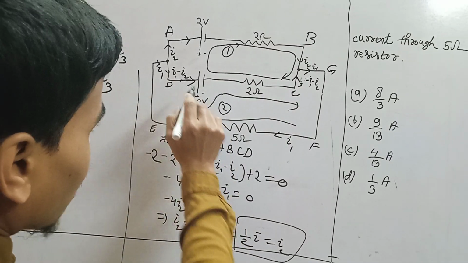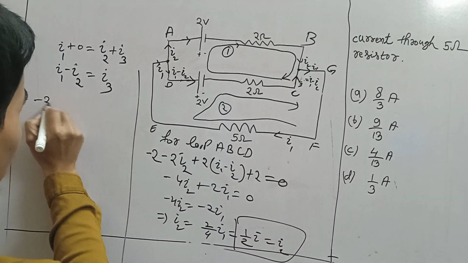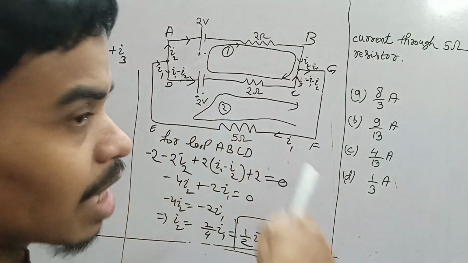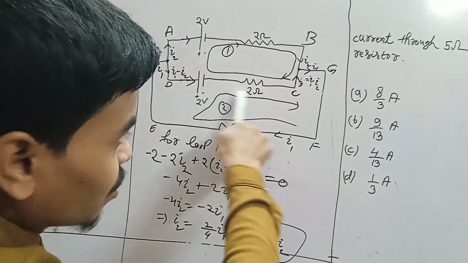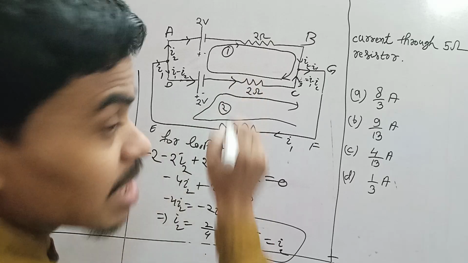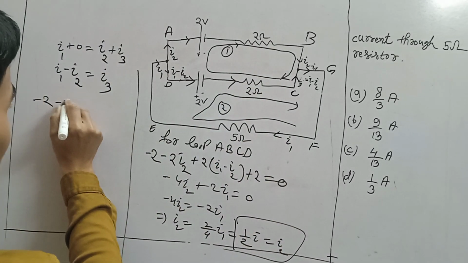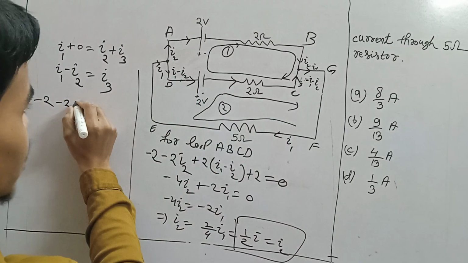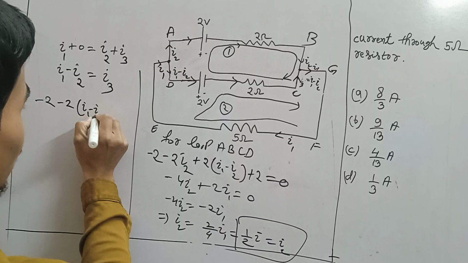For this loop, minus 2 and the resistor, along the same direction, because our assumed direction and the current direction here are the same, so it will be minus 2 and the current is I1 minus I2.